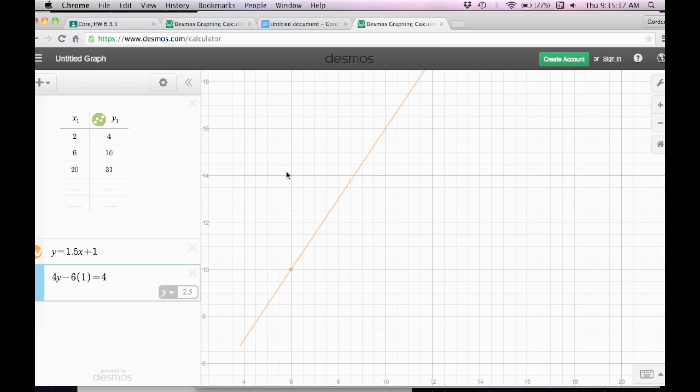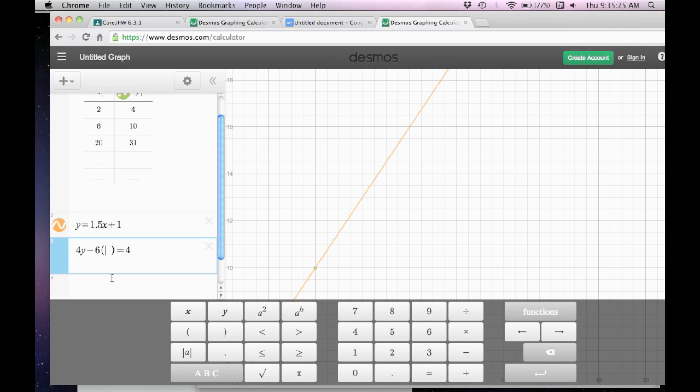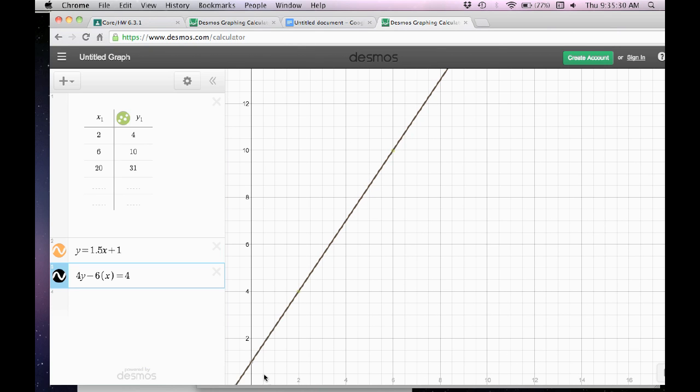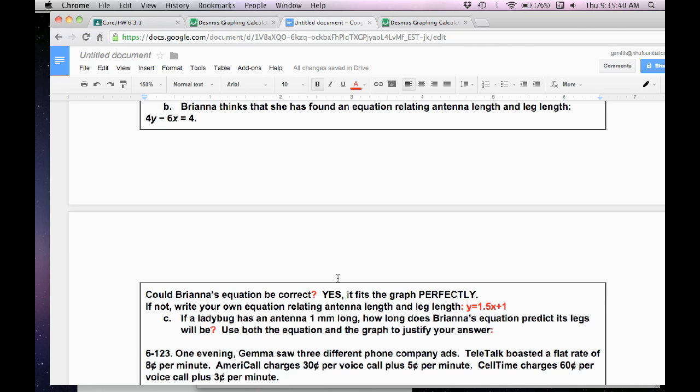Another way of doing that would be to go to Brianna's equation, which is here, and ask if x equals 1, what is y? 2.5. So you can determine it either way, and it's good to know how to do both ways. Okay, so how long? It says it'll be 2.5 millimeters. Use both the equation and the graph to justify your answer. I did.